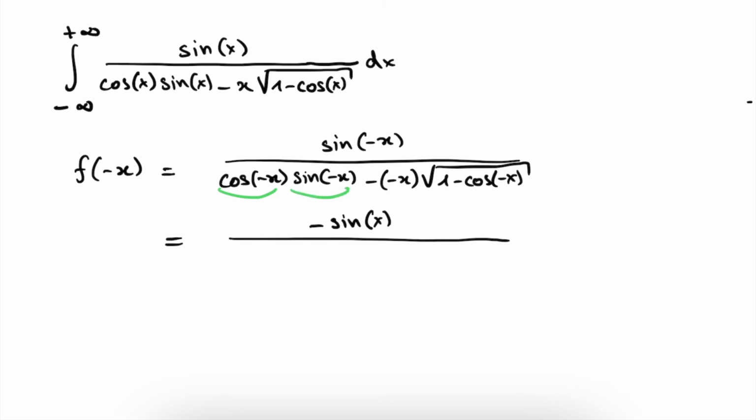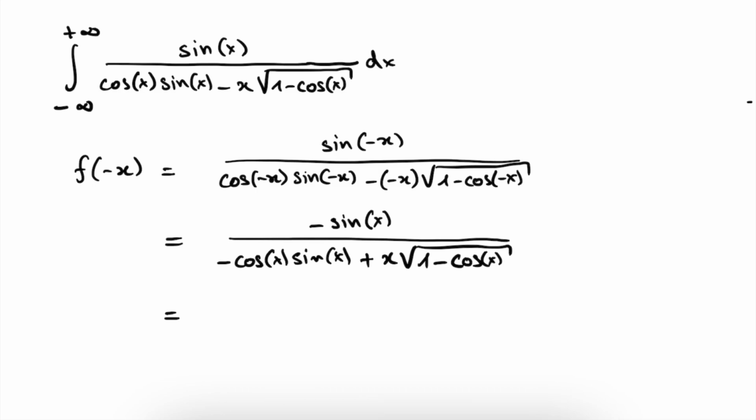And the sine of minus x again is minus the sine of x. So we have minus cosine of x times the sine of x. These two minus signs combine to become a plus sign. So plus x times the square root of 1 minus, and again, the cosine of minus x becomes the cosine of x. So we again have the cosine of x under the square root.